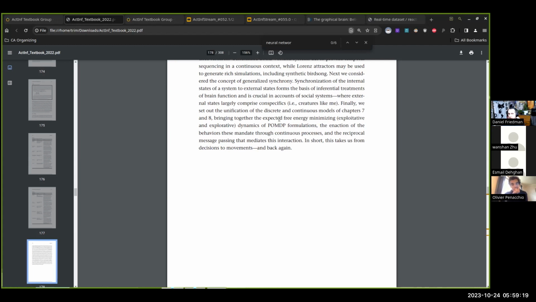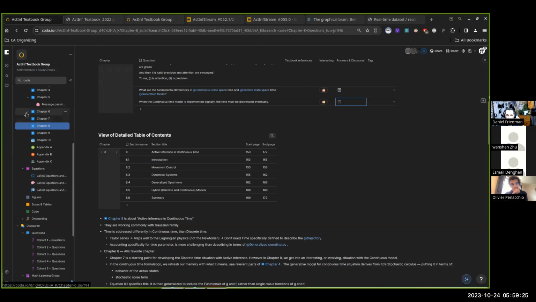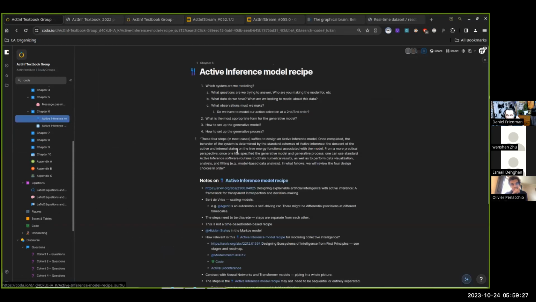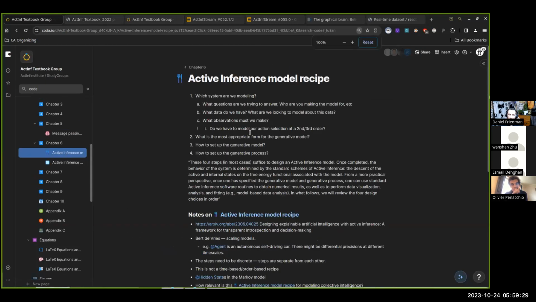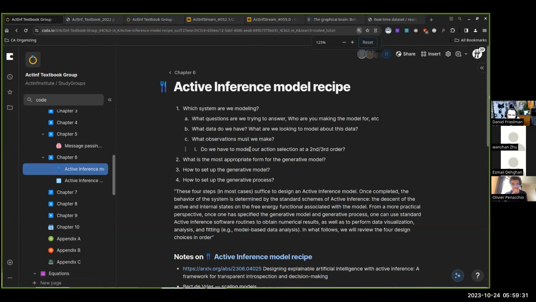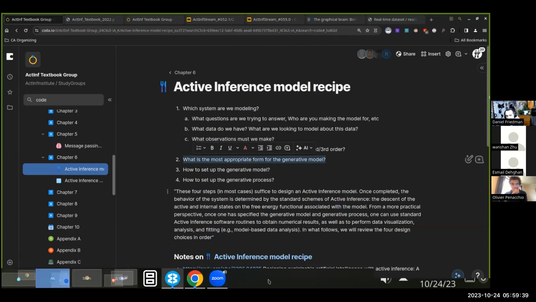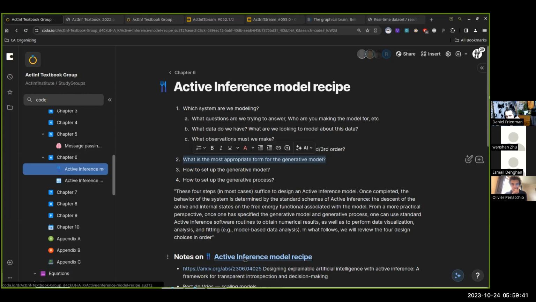Is there any downside to making models that way? Or if we think back to chapter 6 and the recipe, is the decision about continuous or discrete time something that happens very early and in a more committal way? I don't know. And the way the packages are today may not be how packages are forever.